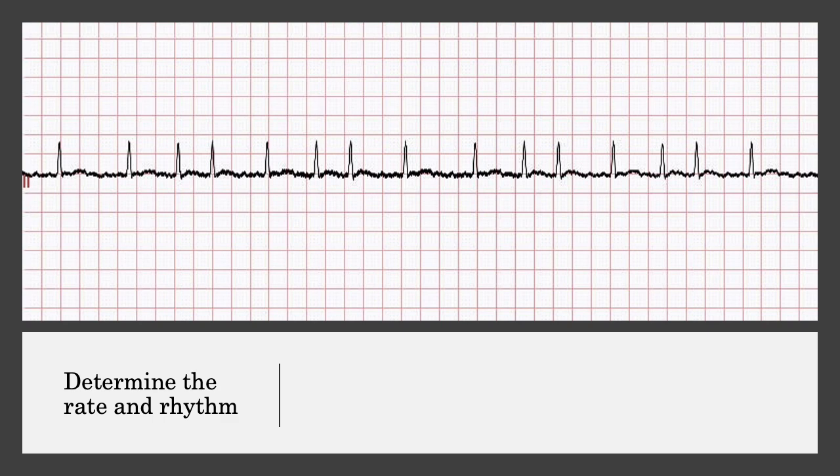As we look at this EKG, you probably have already recognized that this is classic atrial fibrillation. But let's apply our rhythm analysis to it. So the slide is asking us to first determine rate.